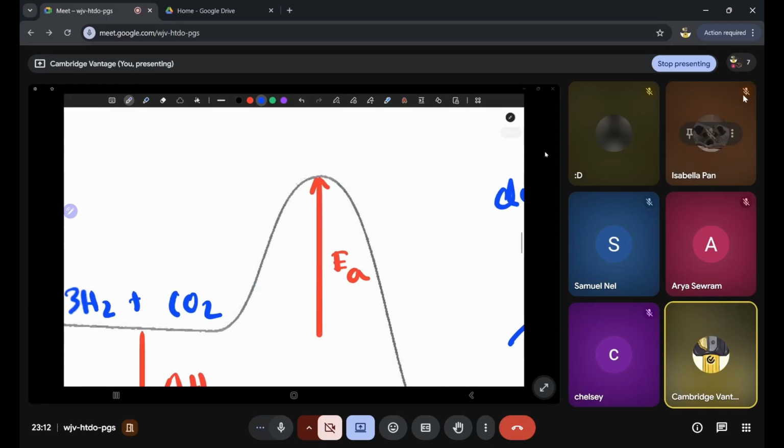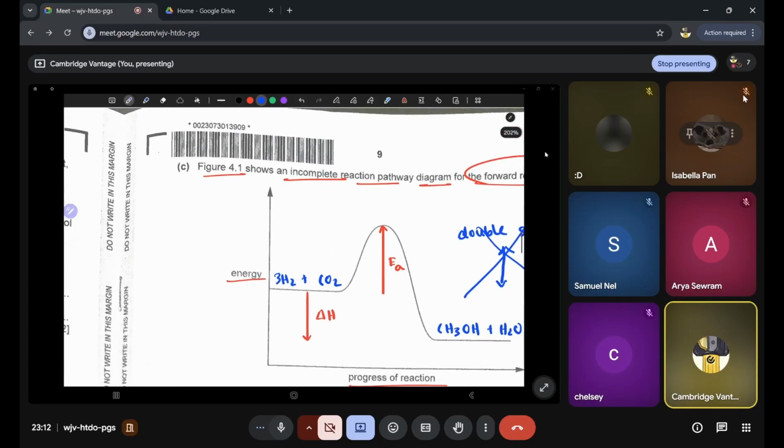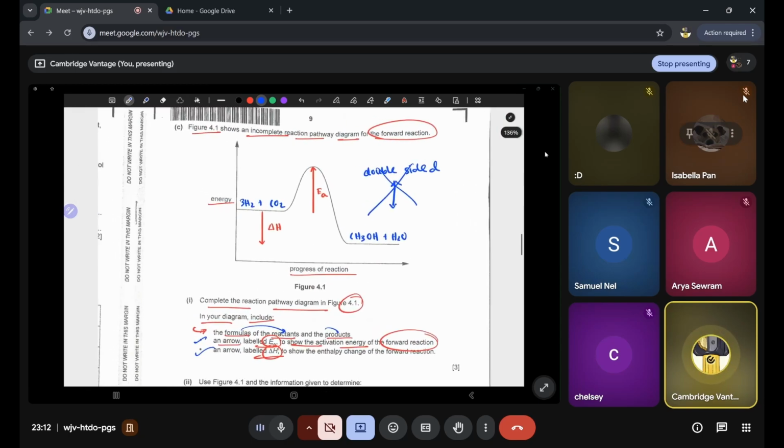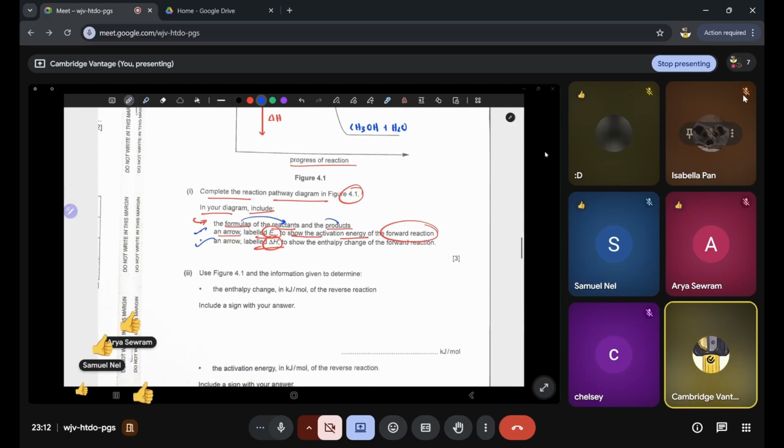The sizing of the arrows doesn't really matter unless they tell you about values or they ask you to show the difference. But the direction of the arrow is very important, and that is what I was trying to clarify. Does anyone have any questions regarding the energy pathway diagram? If it's clear for all of you, just give a thumbs up and we move.